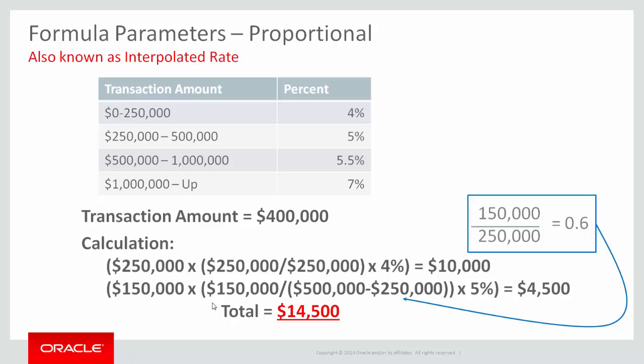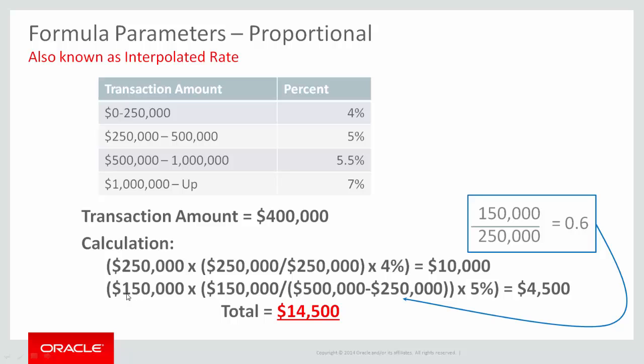This is something where, when I teach this class live, a lot of people are scratching their heads, so hopefully we're okay. So the question is, how far did I get into the tier, which is 150,000, divided by how big is that total tier, which is 250,000, and that 150,000 divided by 250,000 says that I got 60% of the tier.